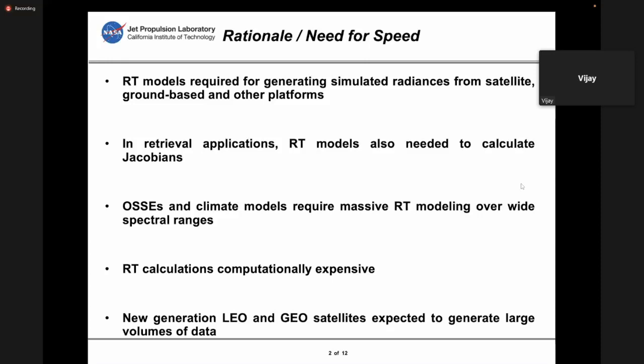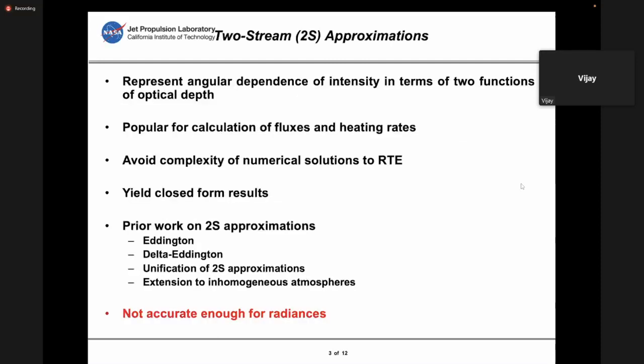Now we have new generation low Earth orbiting and geostationary satellites that are expected to generate larger and larger volumes of data. So there's obviously a need for fast radiative transfer. When we talk about two-stream, or 2S, approximations, these represent the angular dependence of the intensity in terms of two functions of optical depth.